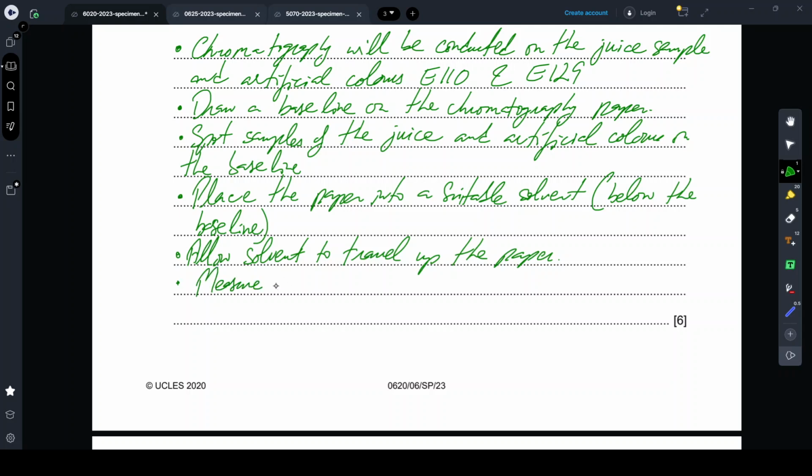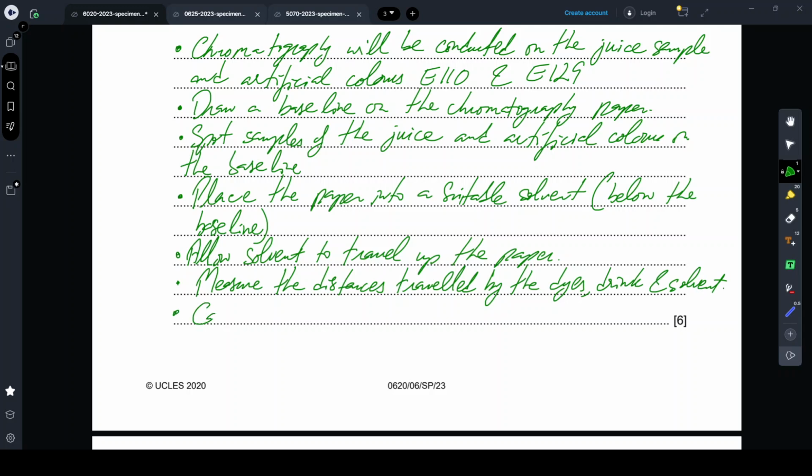Measure the distances and mark the highest point and the solvent front, the solvent line, traveled by the dyes, drink, and solvent. So you can sort of clump all of that together.